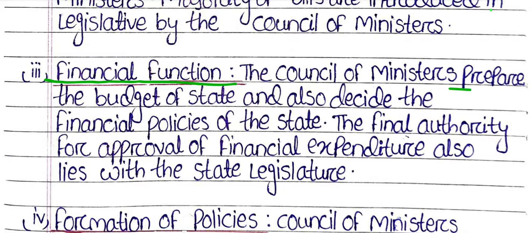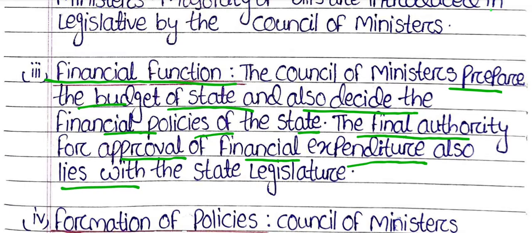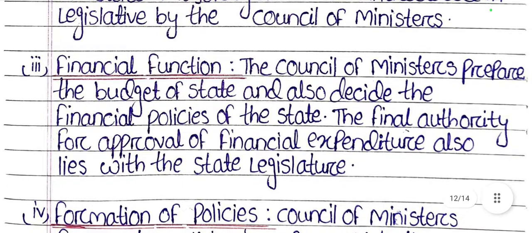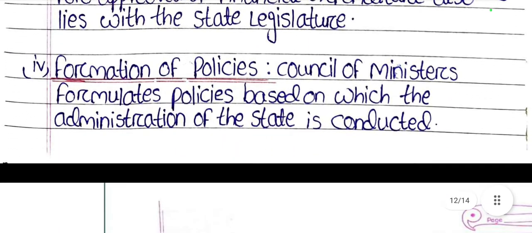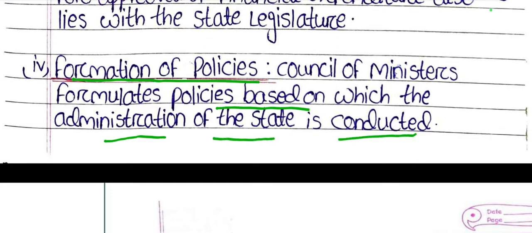The council of ministers prepares the budget of the state and also decides the financial policies of the state. The final authority for approval of a financial expenditure lies with the state legislature. Then formation of policies. Council of ministers formulates policies based on which the administration of the state is conducted.